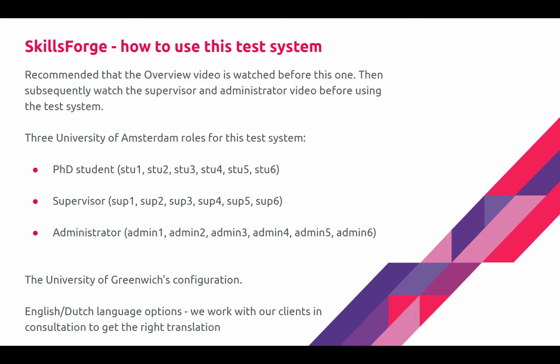We work with our clients in consultation to get the right translations. So there are parts of the system in the Dutch version that haven't been translated into Dutch, but all of those areas are technically out of scope for the tender. But we thought we'd include them so you can see the power of the system.